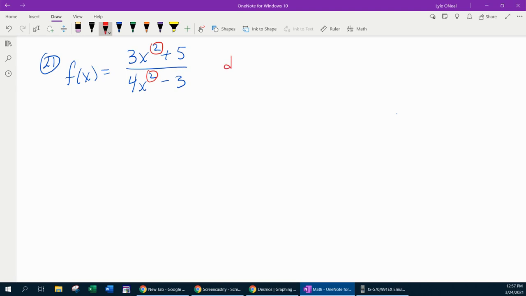So here we have the degree of the top equals the degree of the bottom, and that means that the horizontal asymptote is going to be y equals n over m, where n is the lead coefficient of the top and m is the lead coefficient of the bottom, making our horizontal asymptote y equals 3/4. And that's it for that problem.